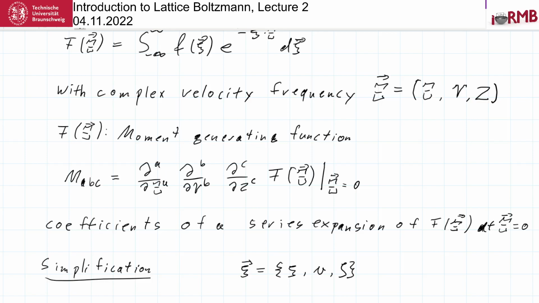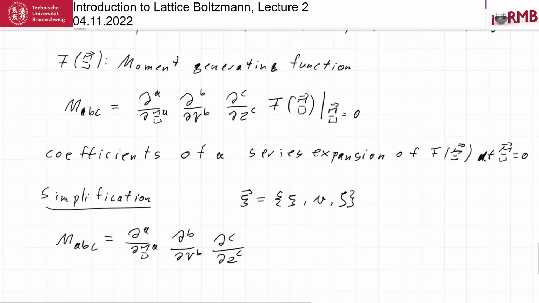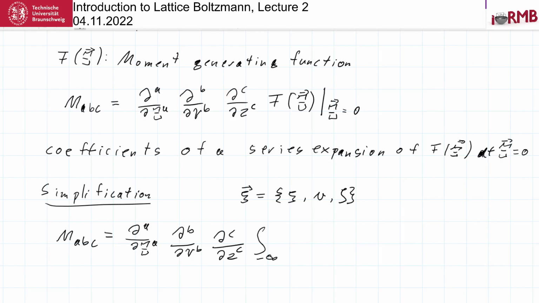And now we introduce A, B, and now I write the definition of the Laplace transform: the integral of f of xi e to the minus xi, evaluated at capital Xi equal to 0, and this integrated over xi.